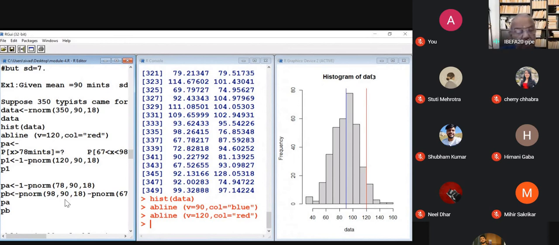Just like binomial? Anybody? You want the probability above 120? Yes, 1 minus pnorm of 120, 90, 18. Yes.